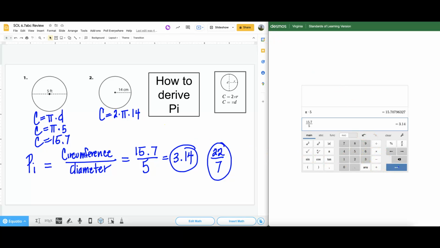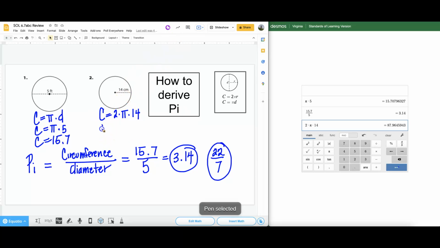So when I put this in my calculator, I get a new line, 2 times pi times 14, which is the radius. And it looks like I missed pi. I get 87.96, which I think we rounded in our other video to 88. So my circumference is going to be 88.